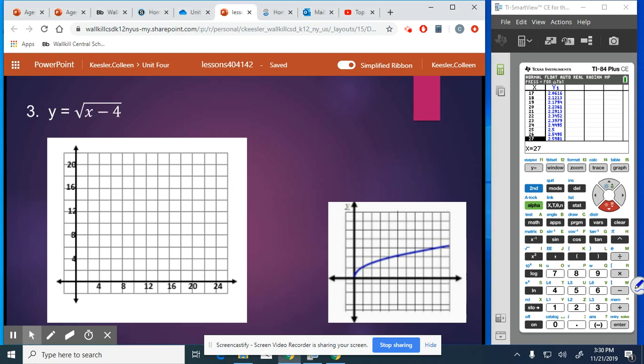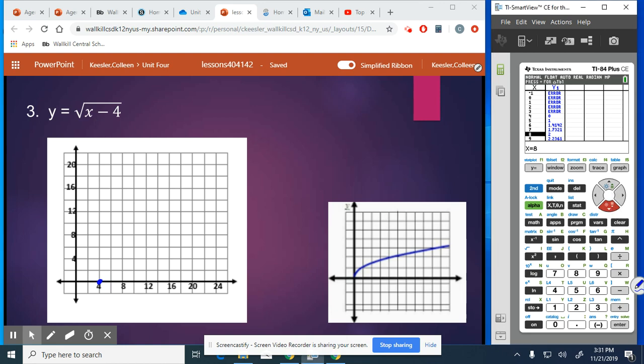So number 3, we have y equals square root of x minus 4. So we go back, we pull up that function, square root x minus 4. Make sure that x minus 4 stays under the radical or you have parentheses around it if needed. Pull up the graph. And again, this time we start at 4. We have 4, 0.